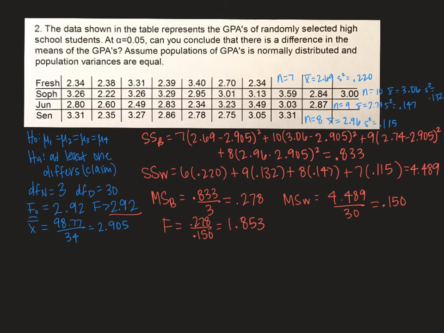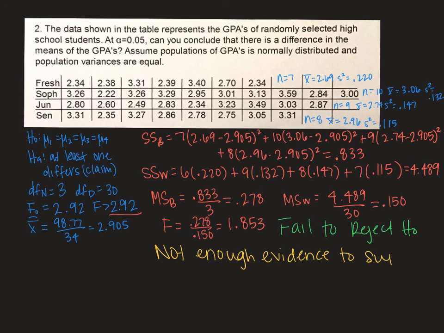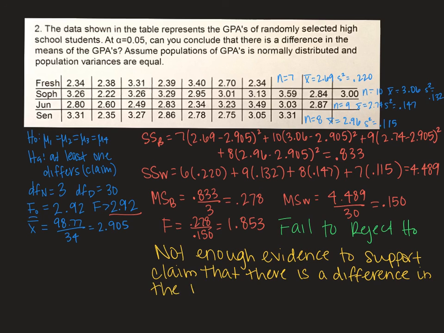So we're going to fail to reject H0, which means we do not have enough evidence to support the claim that there is a difference in the mean of GPAs.